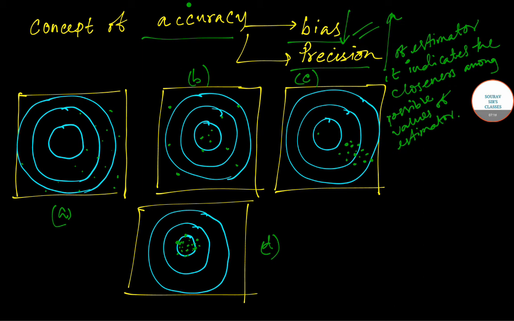Now with these four diagrams, I am going to explain the concept of bias and precision.